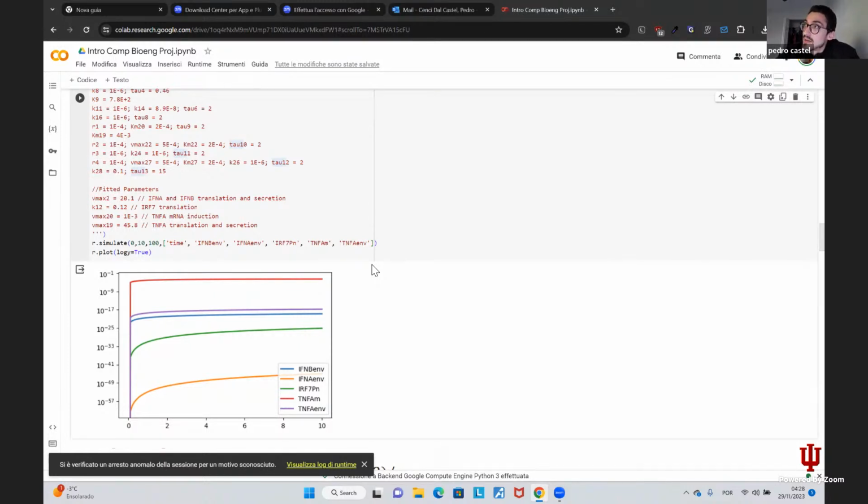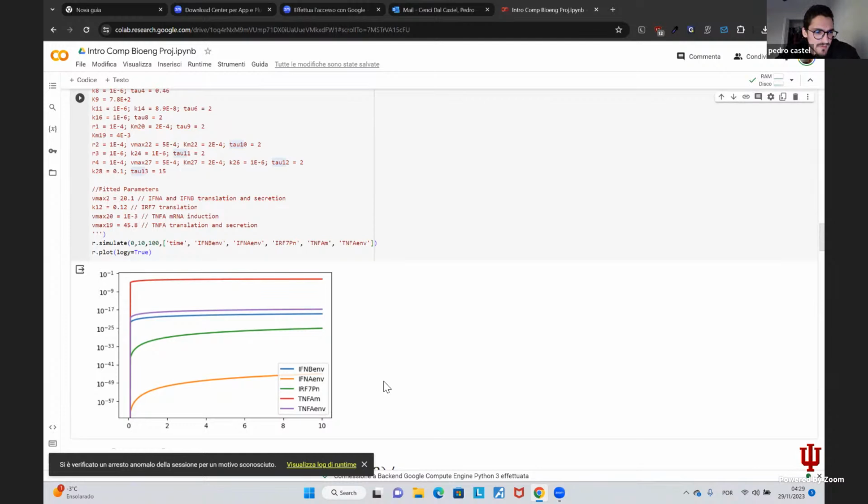So they don't have viral load or viral RNA, stuff like that. And I plotted the interesting species, which are interferon alpha and beta in the environment, IRF 7, TNF alpha mRNA, and TNF alpha in the environment.